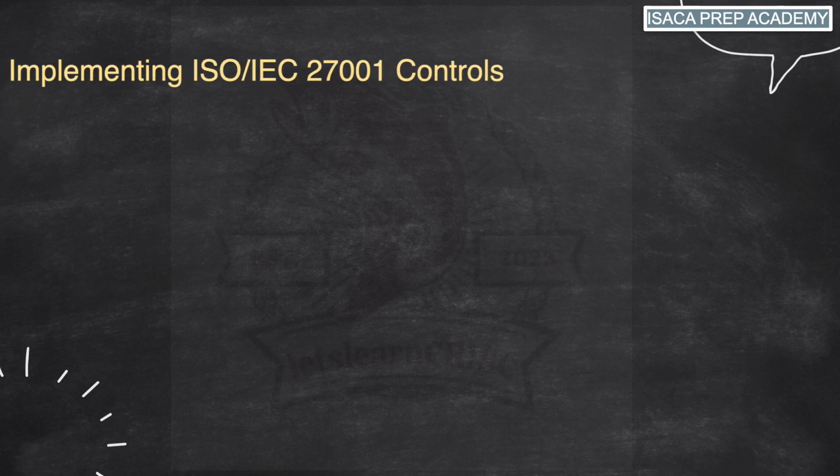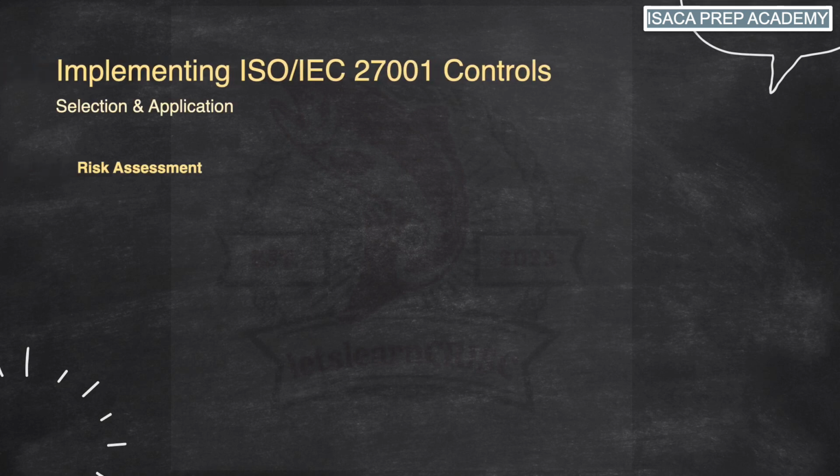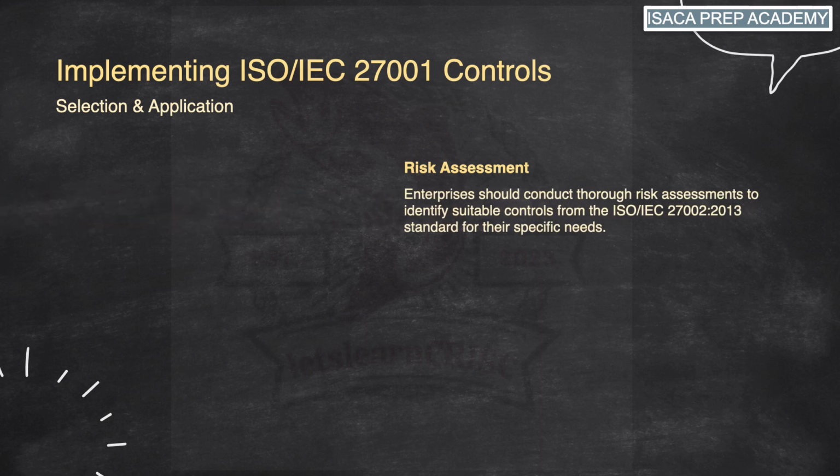Moving next, we'll understand about implementing ISO/IEC 27001 controls. First is about the risk assessment. Friends, risk assessment is a crucial step for enterprises in ensuring the security of their information assets.